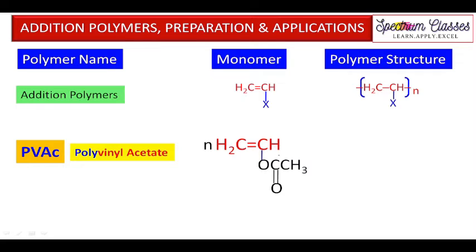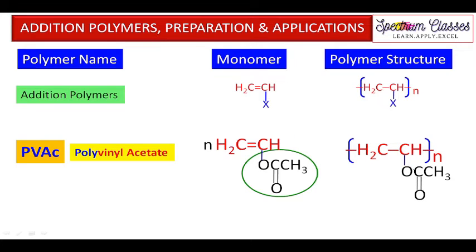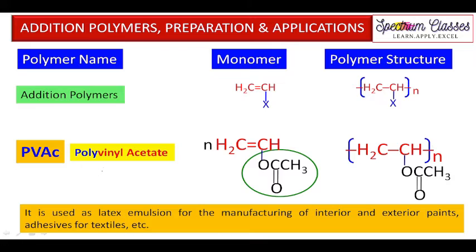So this is polyvinyl acetate, and this polymer is this, right? Whole times n, and no double bond is there, extensions are there on the terminals, right? The application of this polyvinyl acetate is, it is used as latex emulsion for the manufacturing of interior and exterior paints, adhesive for textiles, etc.